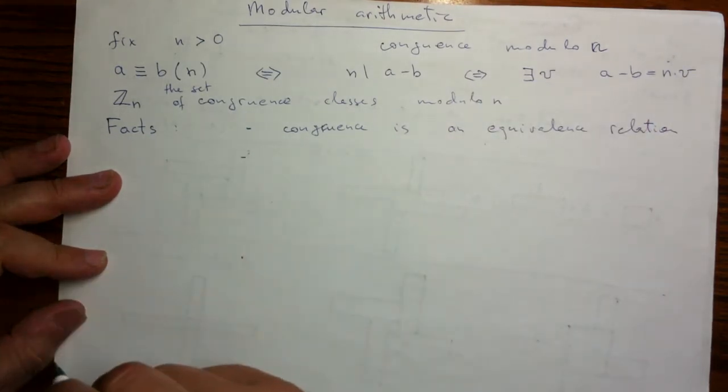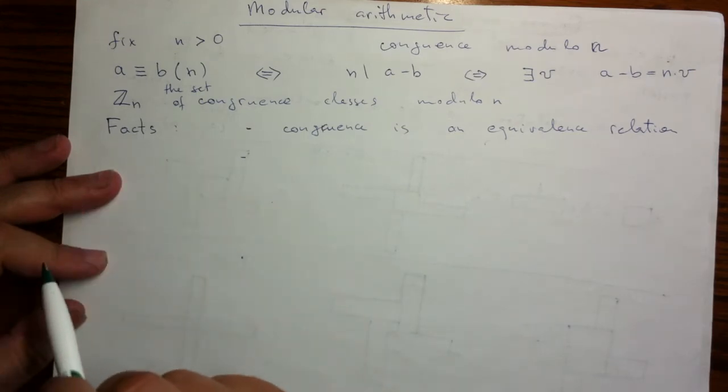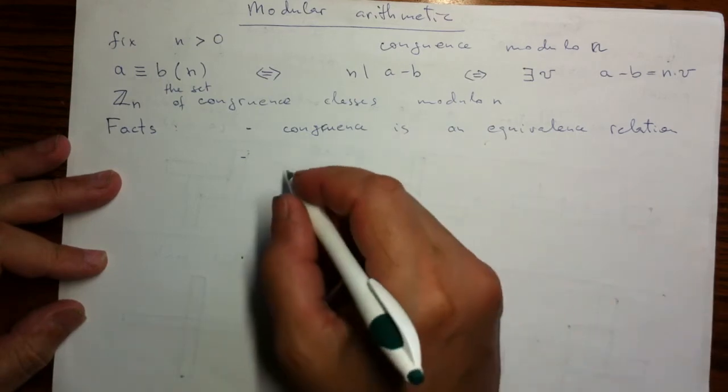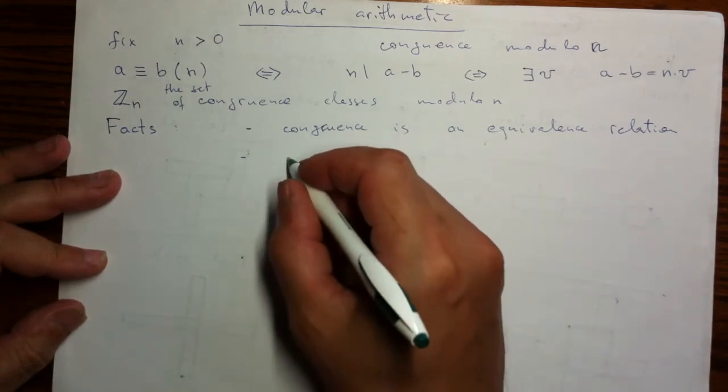And the other two facts, which I'll group together, will make this set have its own arithmetic operations. The arithmetic operations will be really coming from the operations on integers. So here are the facts.